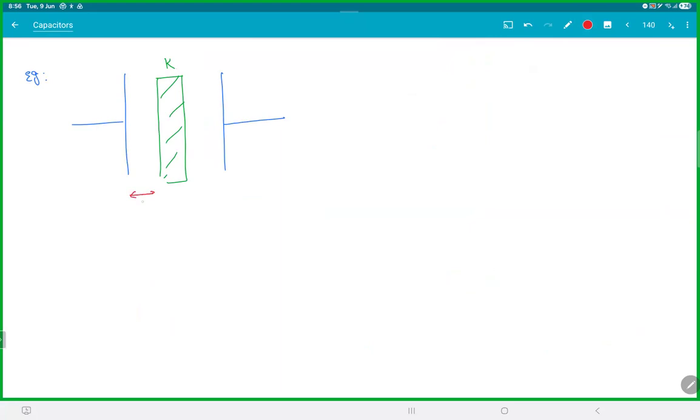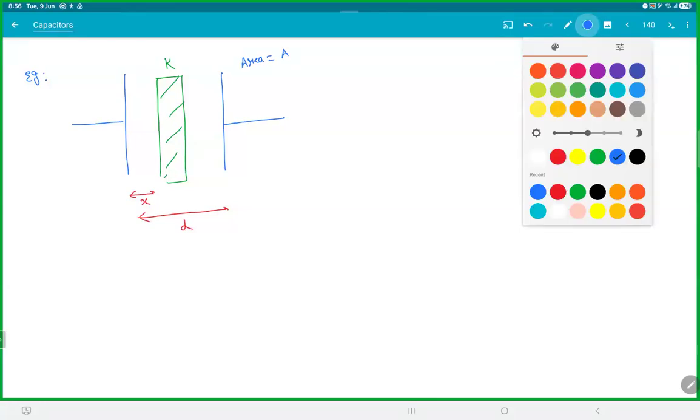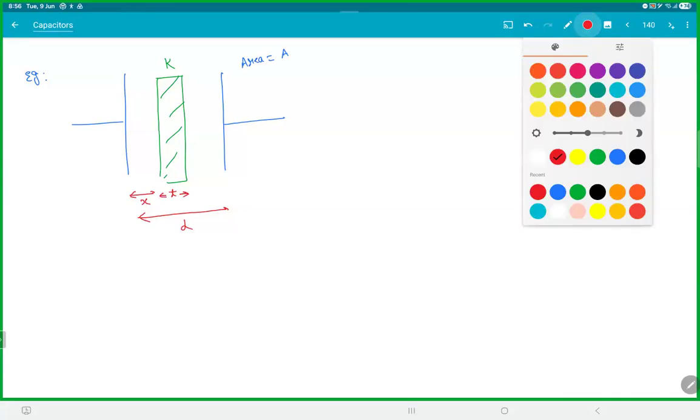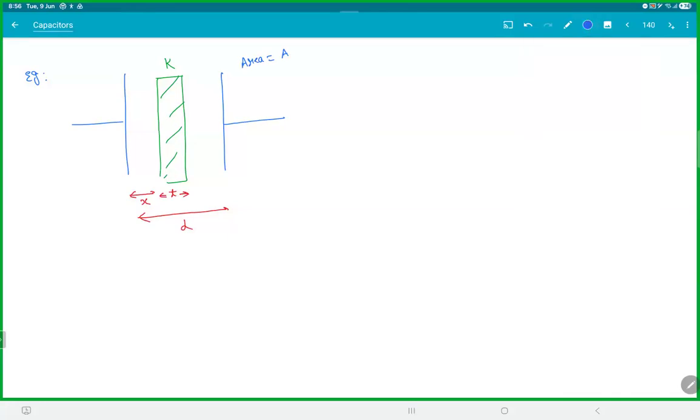So let this distance be X and the distance between plates be D. Thickness also I need to give, sorry. Let the thickness be T. So a dielectric of thickness T, distance between the plates is D. It is at a distance X from the left-hand side. Find the capacitance of this system.